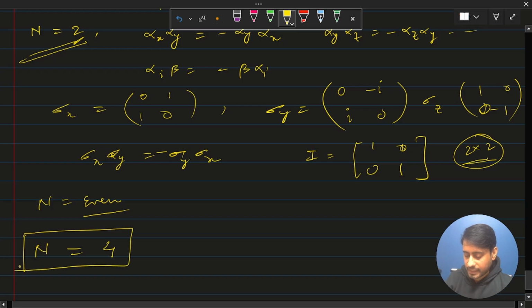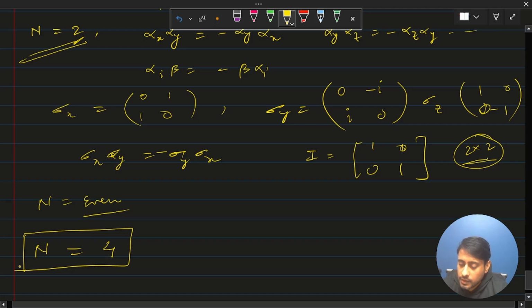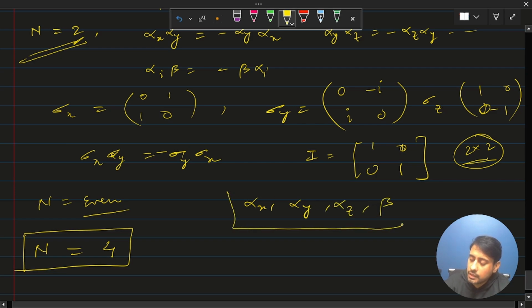Now you get the logic: for n equal to 2, there are only 3 anti-commuting matrices. But we need 4 anti-commuting matrices, which are alpha x, alpha y, alpha z and beta. We need 4 matrices which should be anti-commuting.